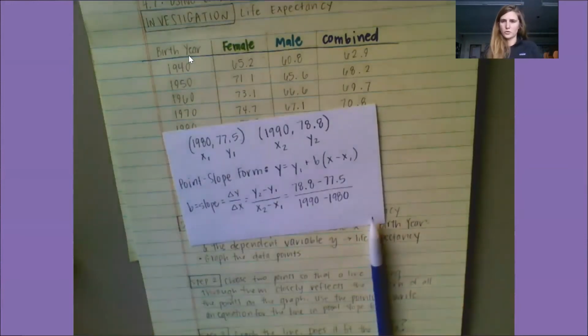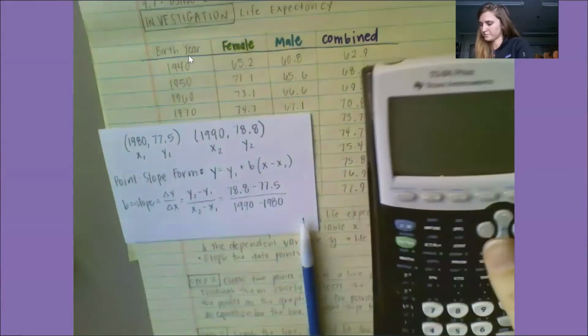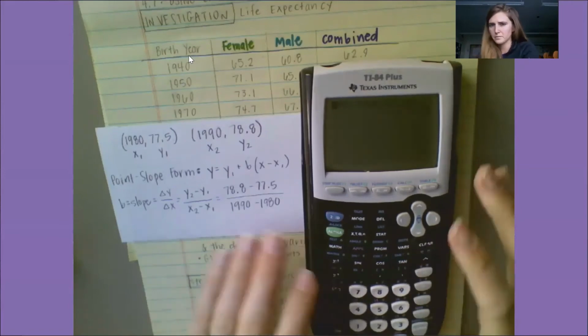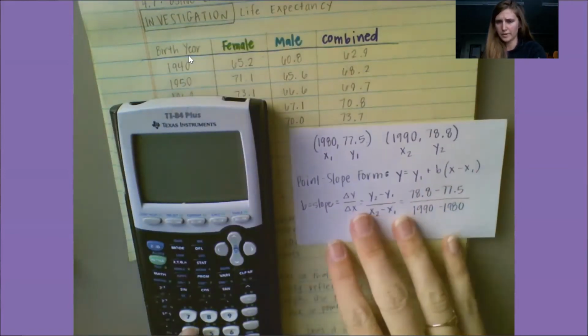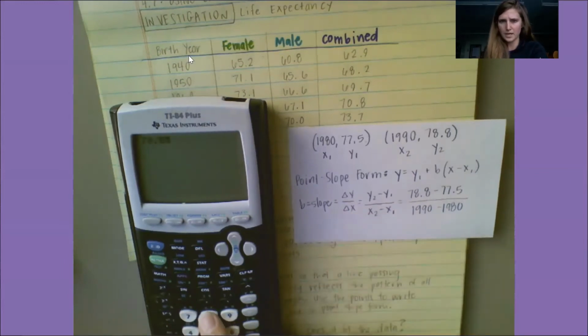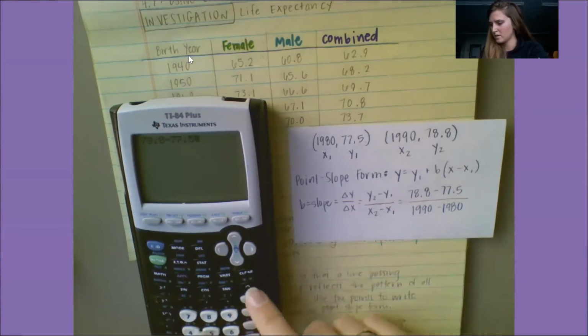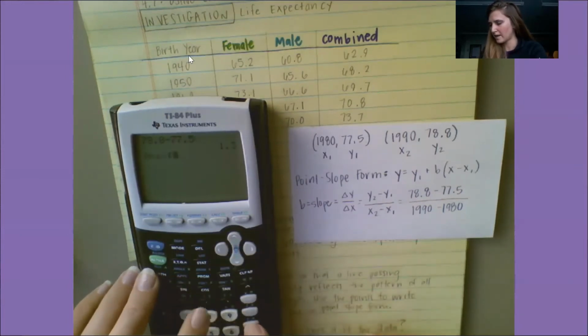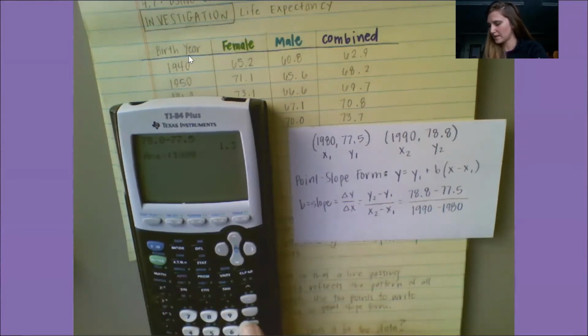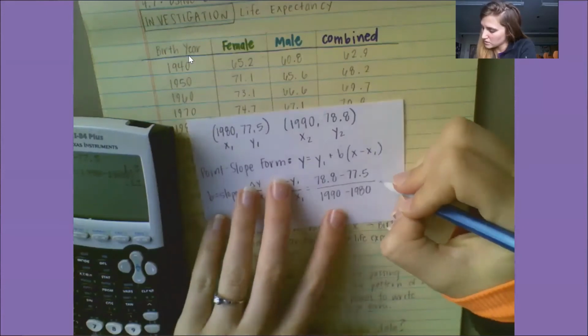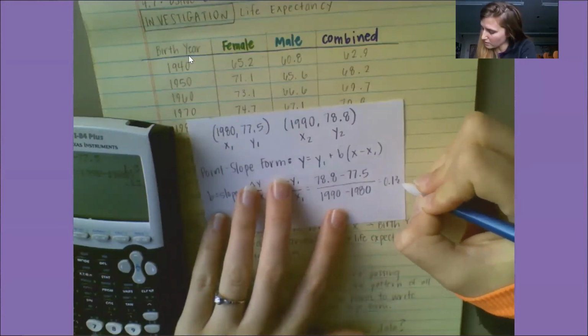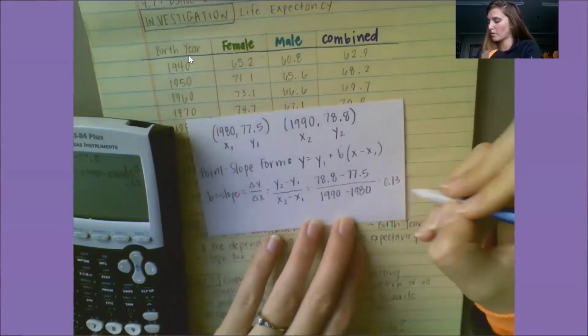So let's plug that into our calculators. Right here is a little more clear. Let's do 78.8 minus 77.5, and then divide that by 1990 minus 1980, equals 0.13. That's going to be my slope.